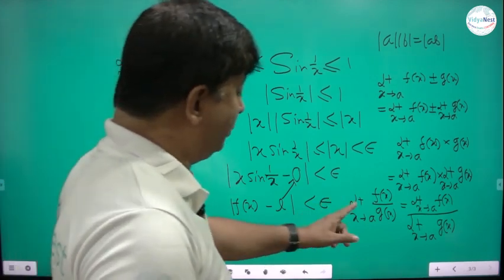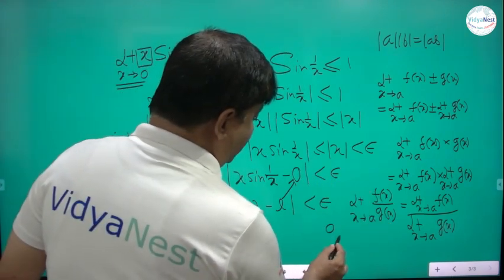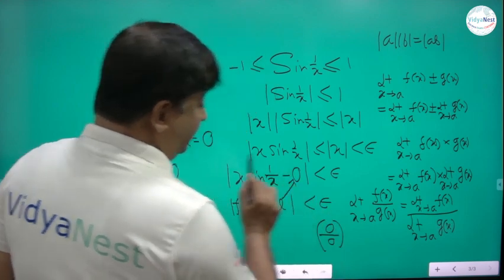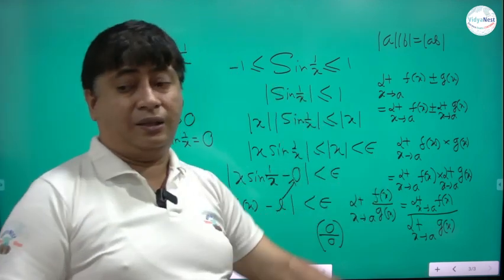Or by putting x is equal to a, if you get 0 by 0 form, then you will not be allowed to put the limiting value directly. Understand?